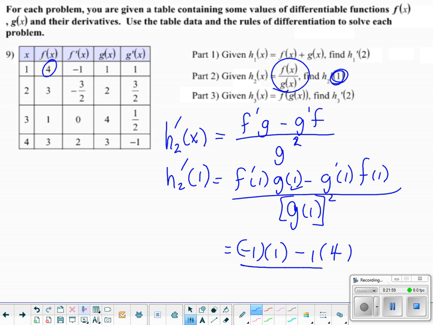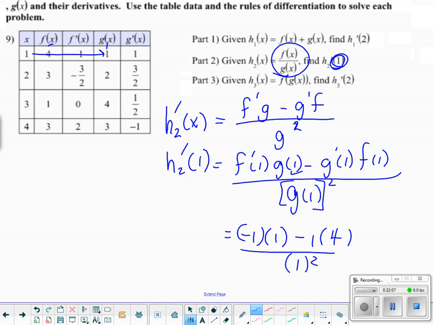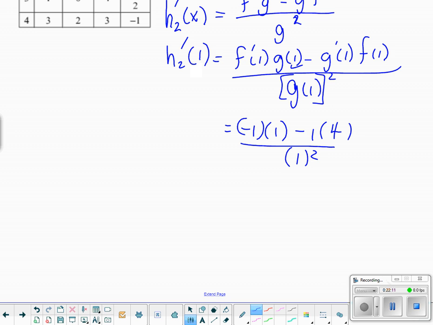Got the top figured out. g prime of 1 is a 1. Square that, still a 1. Alrighty. Negative 1 minus 4 divided by 1 makes a negative 5. h sub 2 prime of 1 is negative 5.